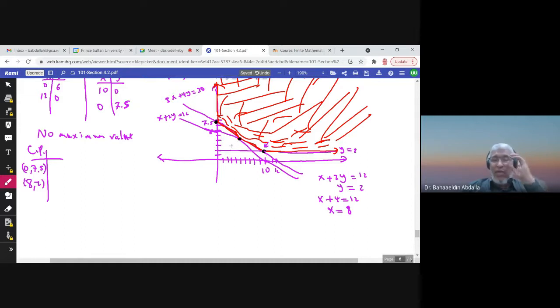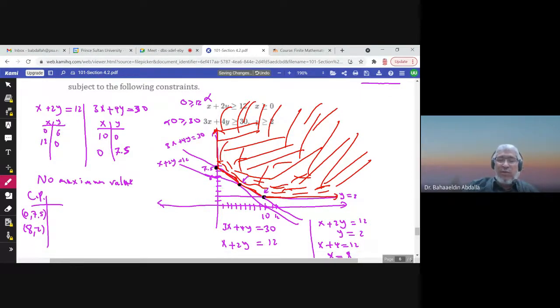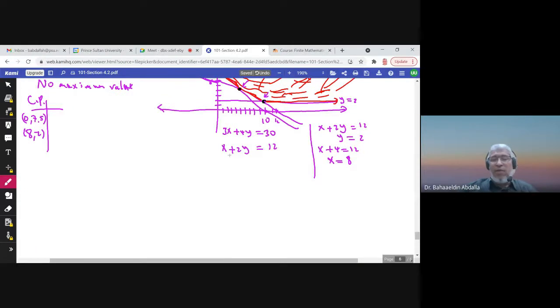And now to find the coordinates of this point, it is the intersection point between the two lines. So I have 3x plus 4y equals 30 and x plus 2y equals 12. I will multiply the second equation by -3 to use the elimination method.